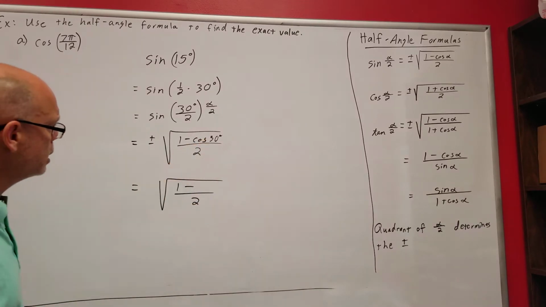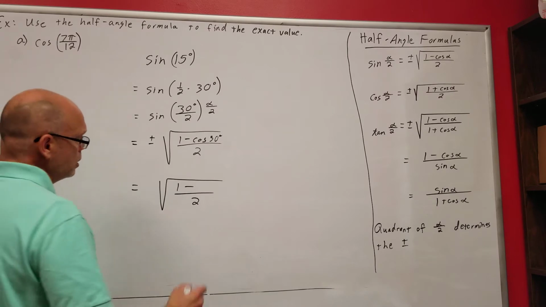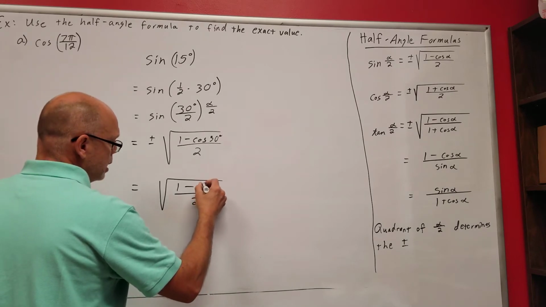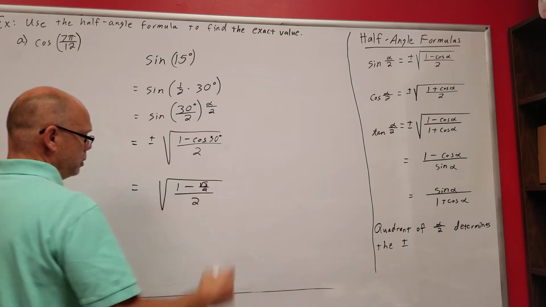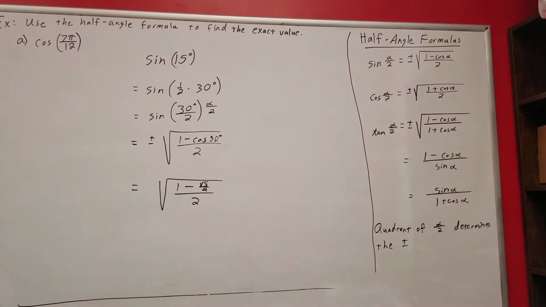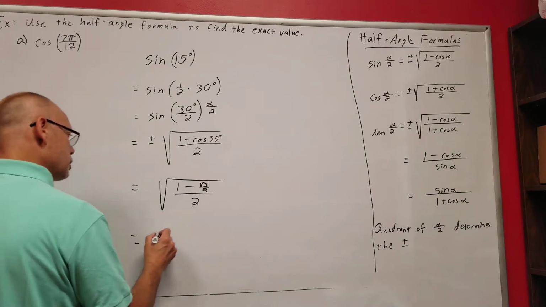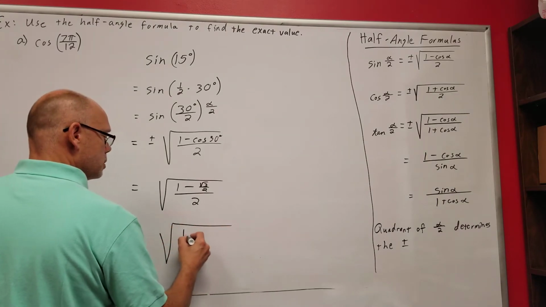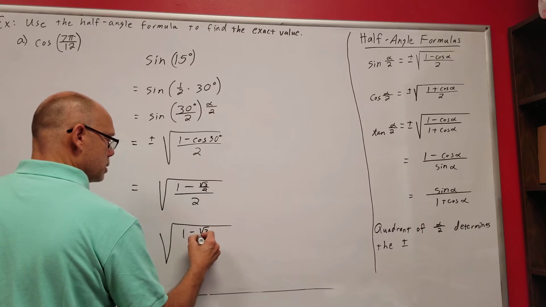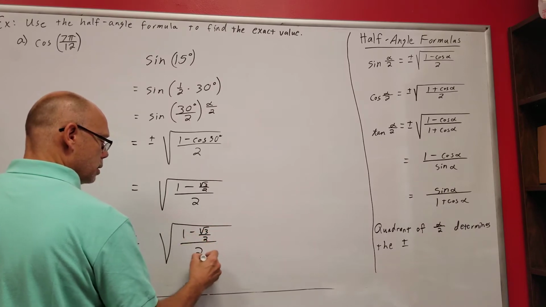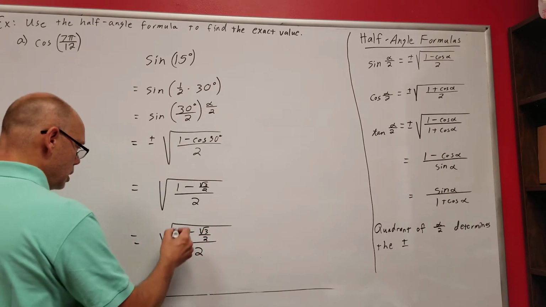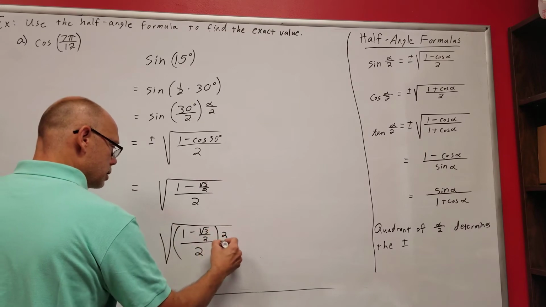But what's the cosine of 30 degrees? We memorized that for the unit circle. What do we memorize that to be? Square root of 3 over 2. Now, I don't like having fractions on top of fractions here. So let's rewrite this, just copying it over, and multiply the top and the bottom by 2.